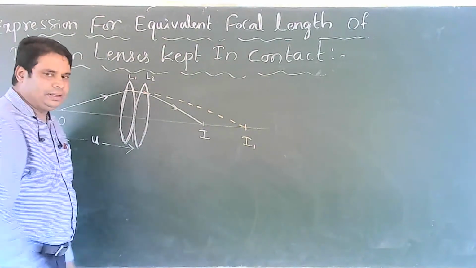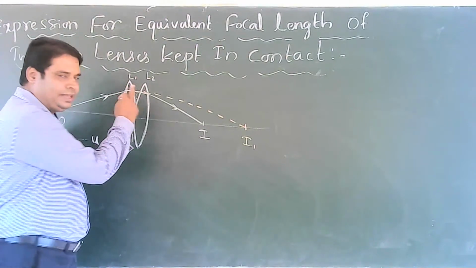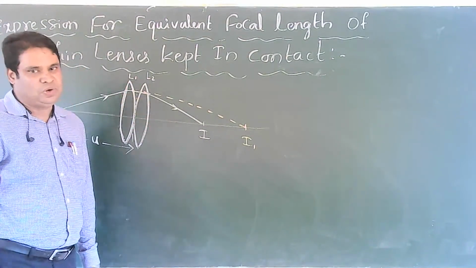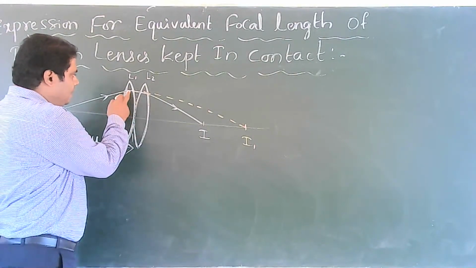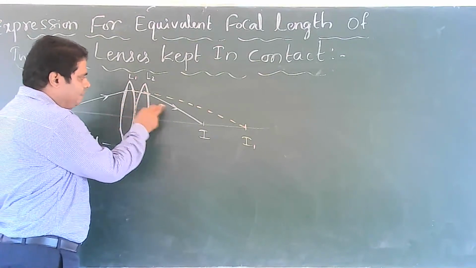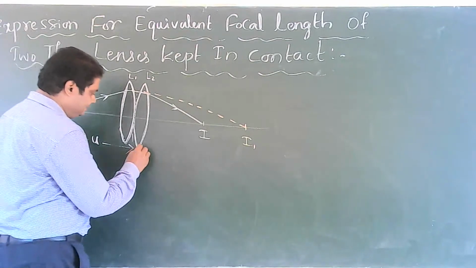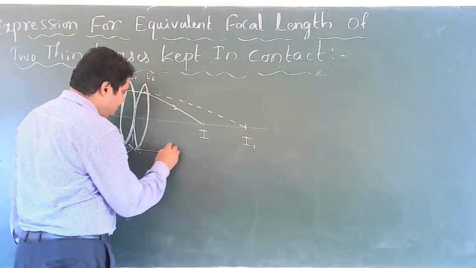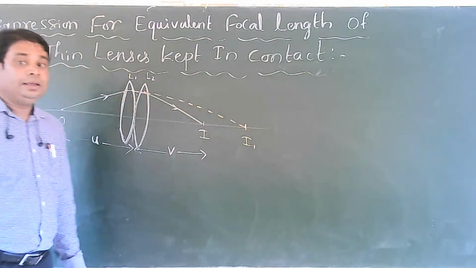A ray of light will undergo refraction by lens L1 as well as lens L2. After refraction by these two lenses, finally it will form an image at I. Let this image distance be V.